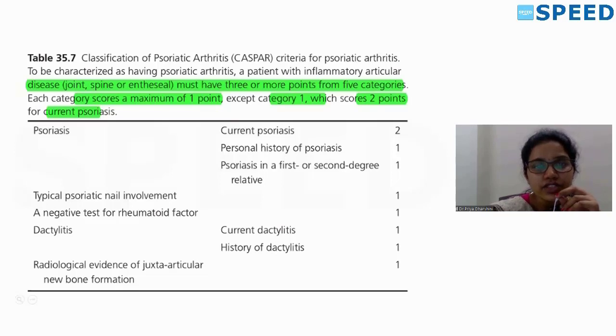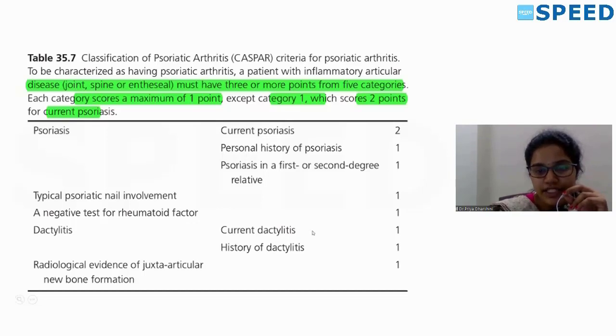And we have diagnostic criteria for diagnosing psoriatic arthritis in a patient of psoriasis. They have a lot of criteria. History of psoriasis: if the patient has a current history of psoriasis, you give 2 points, and for personal history or a history of psoriasis in a first degree relative, you give 1 point. For typical psoriatic nail involvement, you give 1 point, and a negative rheumatoid factor, which rules out rheumatoid arthritis, you give 1 point.